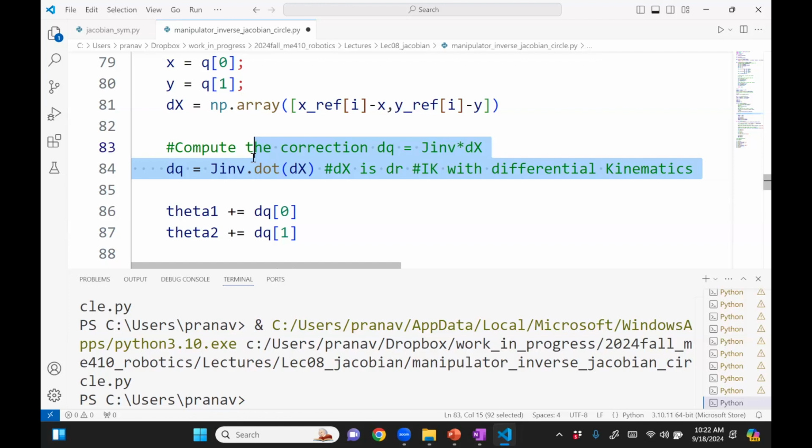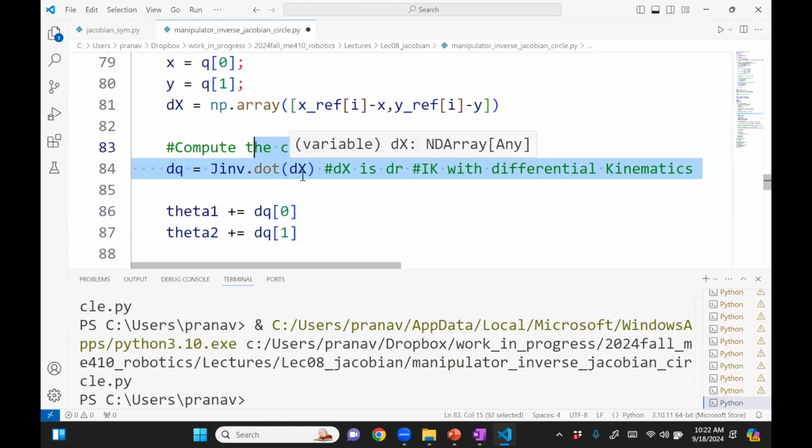And if the determinant of J is 0, you cannot find the inverse, and this will fail. So you might hear something if you talk with people about singularity. Singularity happens when the determinant of J becomes equal to 0. So you never ever want to have a singular configuration.